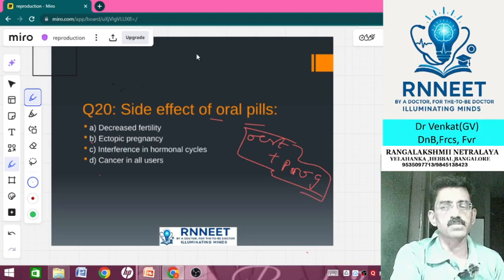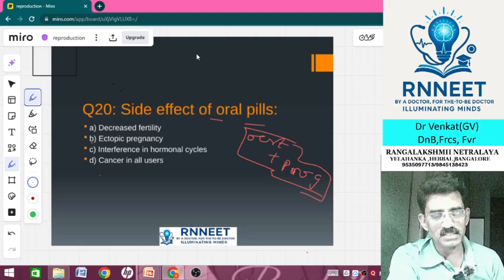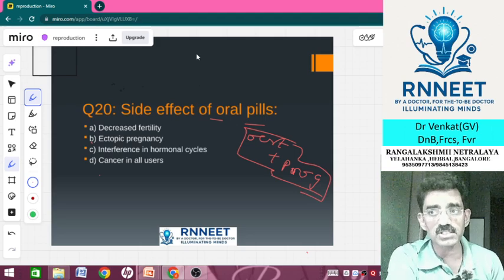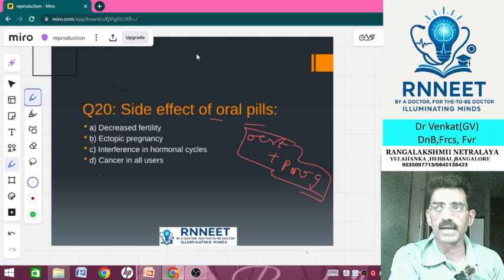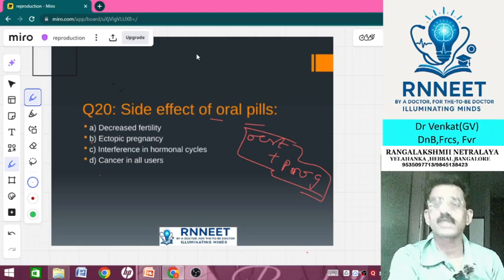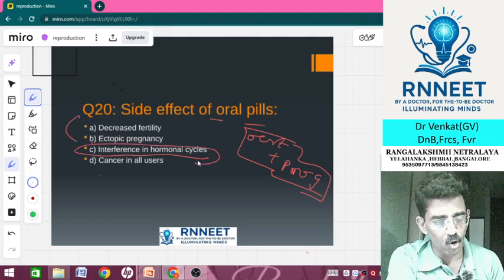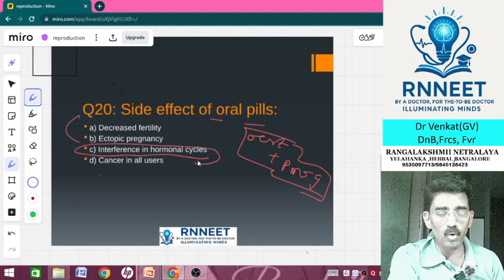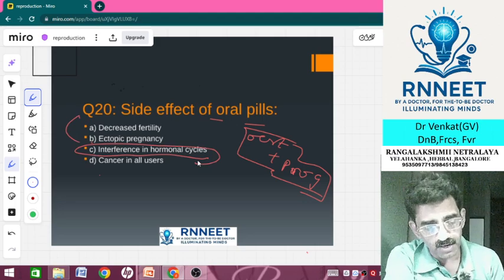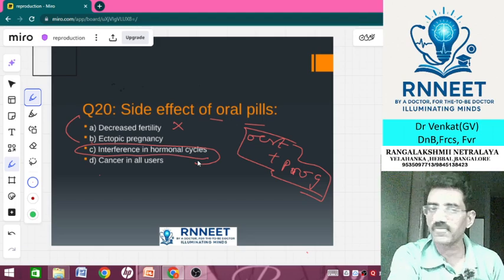Whenever you take these pills for a long time, there are chances of hormonal changes. Very often their cycles get delayed. So interference with the hormonal cycles is the first thing you can expect as a common side effect. Will the oral pill specifically change the fertility? No, it doesn't affect the fertility.